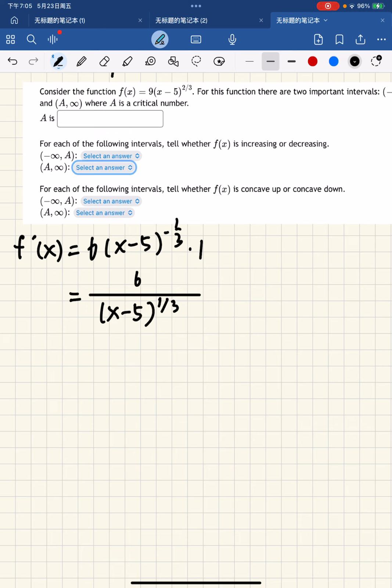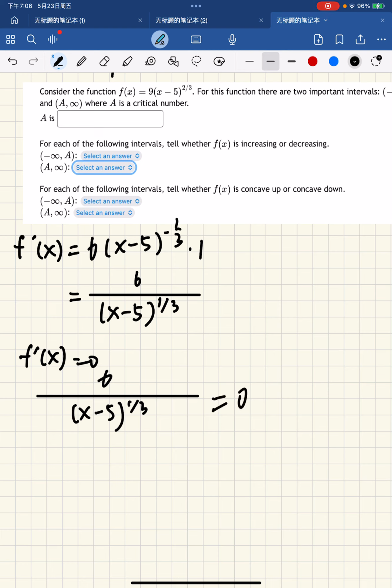we can just change this equation into a fraction form. That will be easier for us to do for the calculation. So to find the critical point, we just need to let the first derivative equal to 0. Then it will be equals to 0.